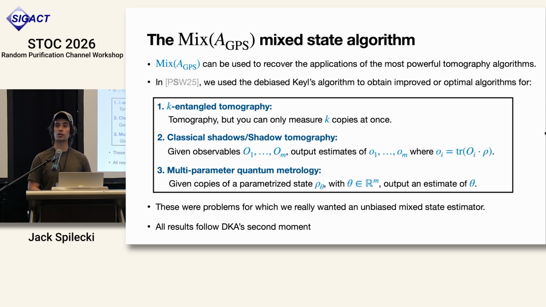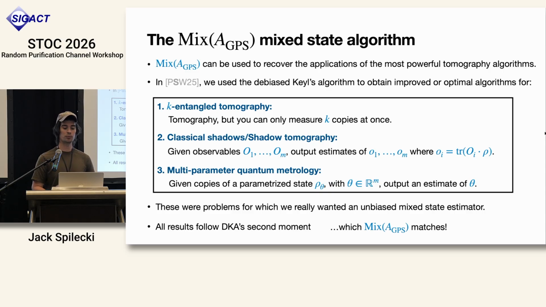It's a symmetric subspace calculation. And what we can show, kind of surprisingly, is that mix of GPS actually matches this second moment. And since our applications to these 3 problems only depended on those first 2 moments, we recover all of those applications with much less work.